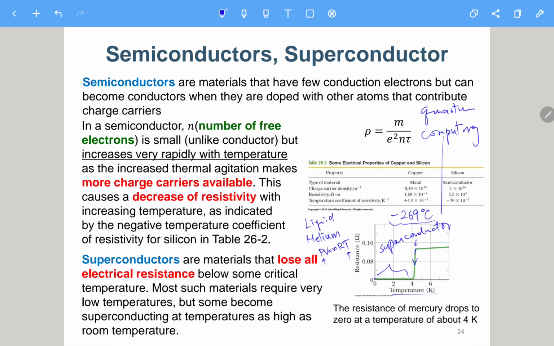Some of them would like to trap an electron at a specific position, and then make it do some computation. Then they need to keep it at a very low temperature.